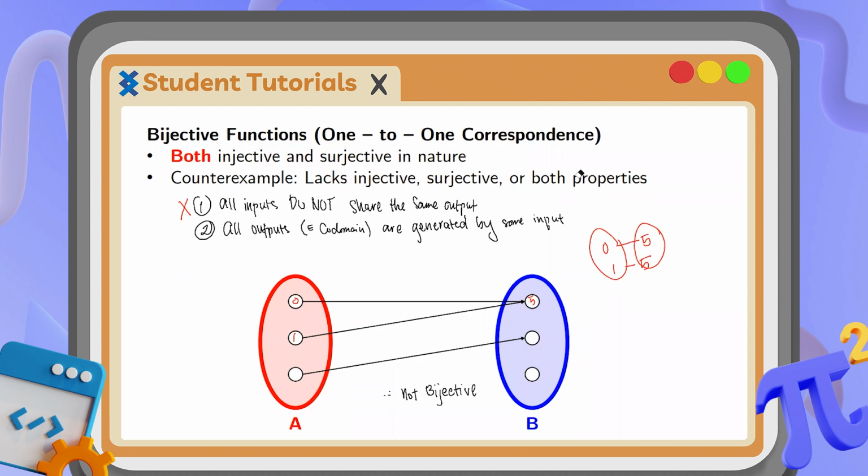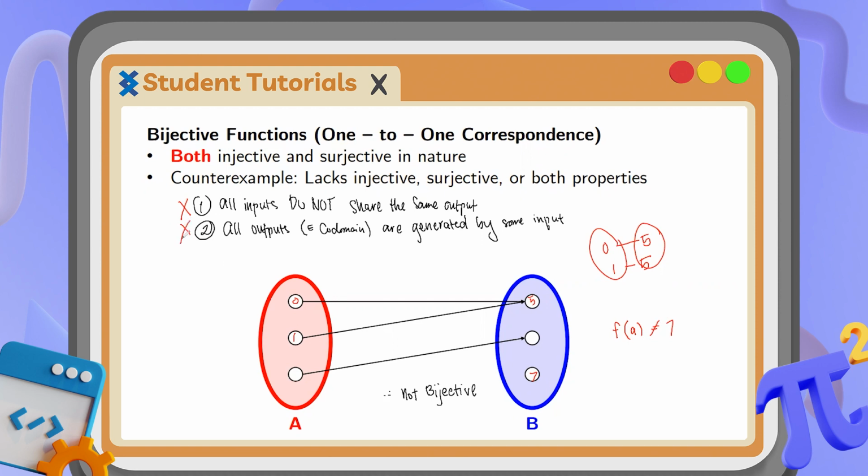Additionally, we can also see that there is some value in B that is not mapped by the function from any element in A. So if you have, let's say, 7, 7 over here is not mapped by any value in A, because there is no value in the domain which can actually help you get to the value 7.